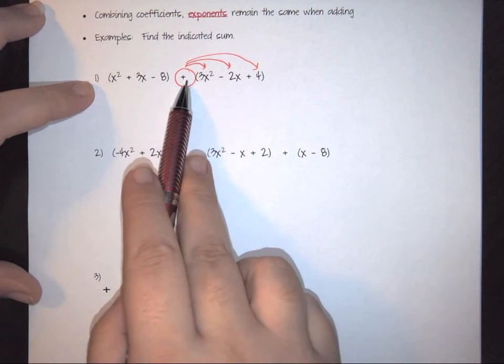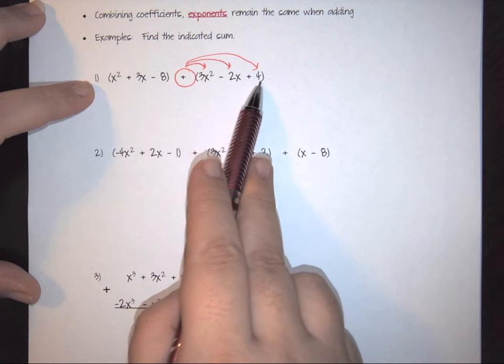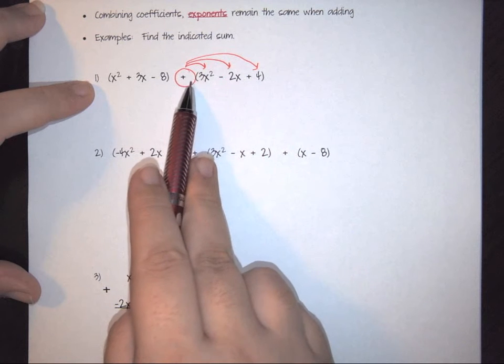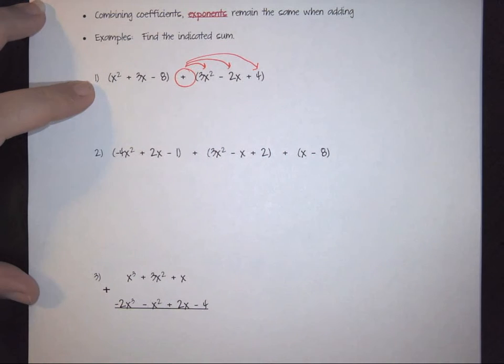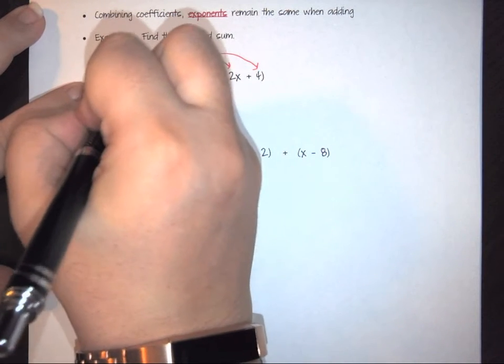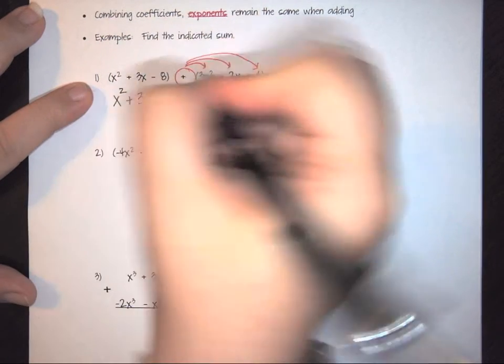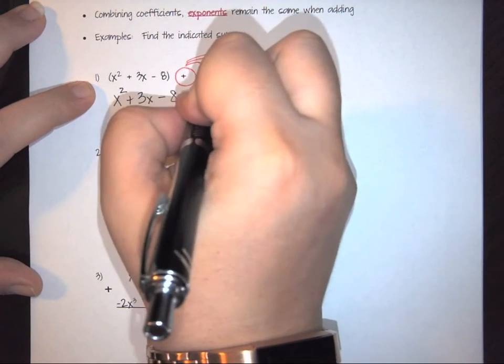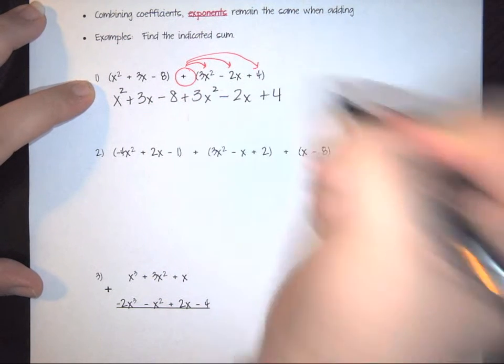Now, this is positive, which means nothing about these signs back here is going to change. This is a 1 out in front, therefore again none of these numbers are going to change. So I can just simply rewrite my problem, which is x squared plus 3x minus 8 plus 3x squared minus 2x plus 4.